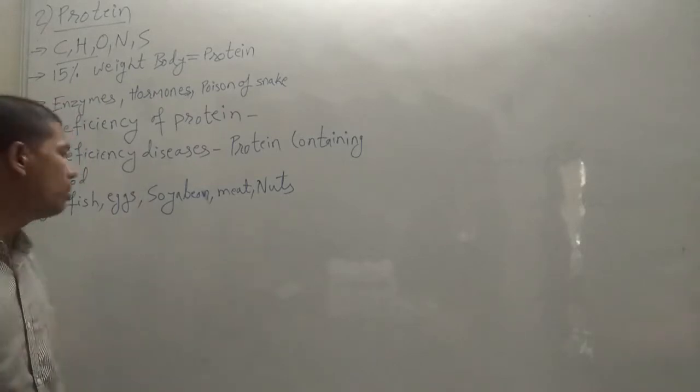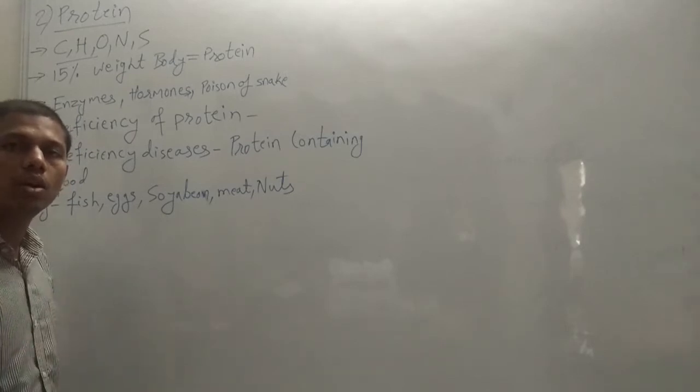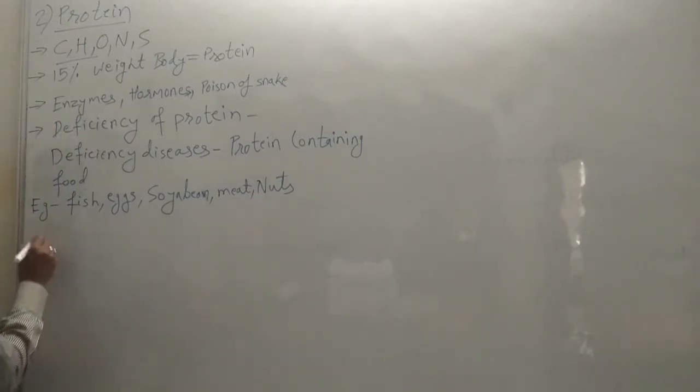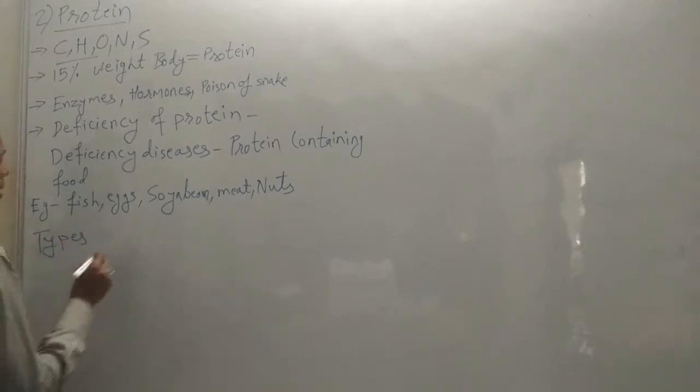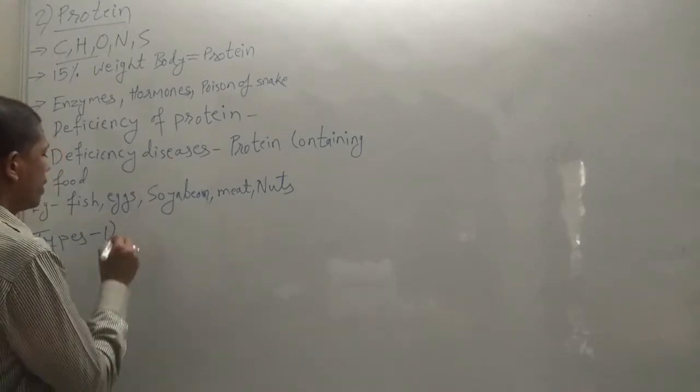Then let me tell you about the types of deficiency diseases that can occur in human beings. The first type of deficiency disease is kwashiorkor.